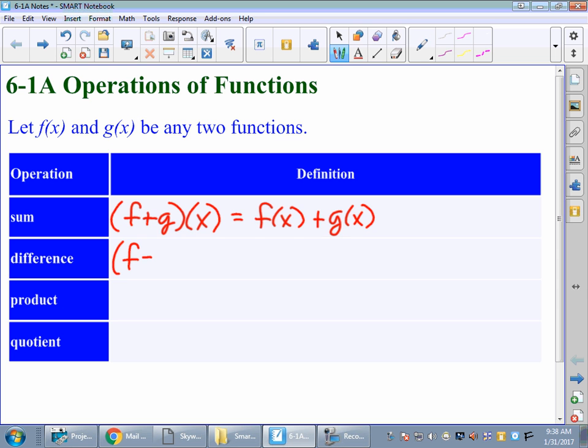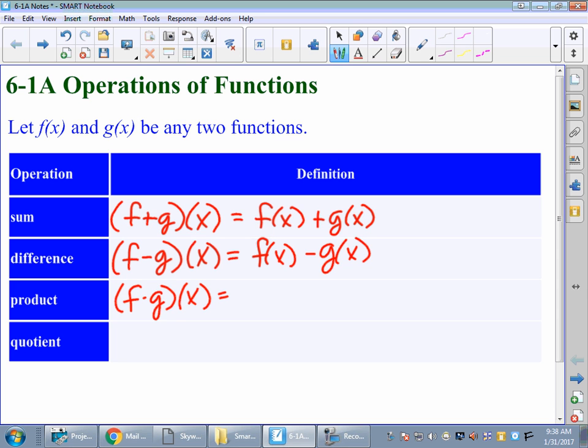For a difference, it will look like (f - g)(x). And that just means take the first function and subtract the second function. Word order is important there. For the product, that's (f times g)(x), and that would be to multiply the first function by the second function.